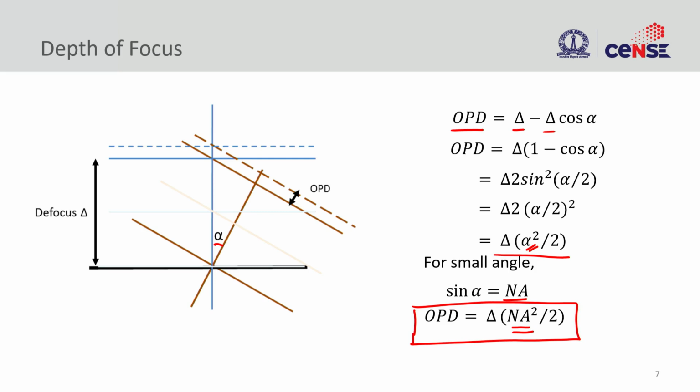So earlier we saw having a larger lens will allow us to collect more diffraction orders, and that is useful because the more orders you collect, the better your image is going to be. But if you look at the optical path difference, your NA is in the numerator, and it is squared as well. So if you increase your NA, your optical path difference is also going to increase, and as a consequence you will have defocus effects.